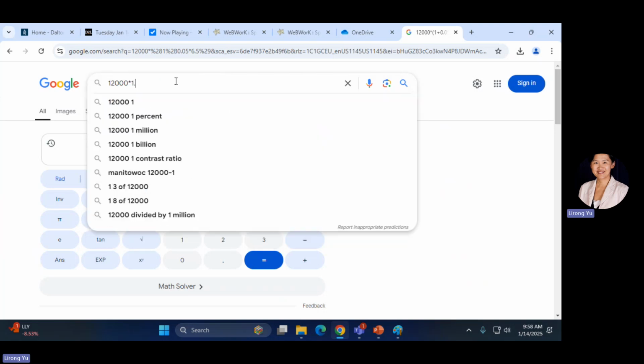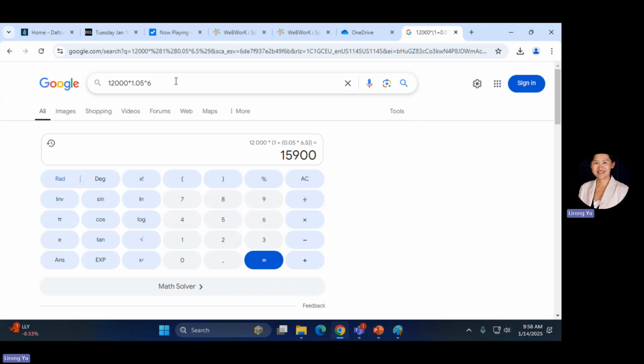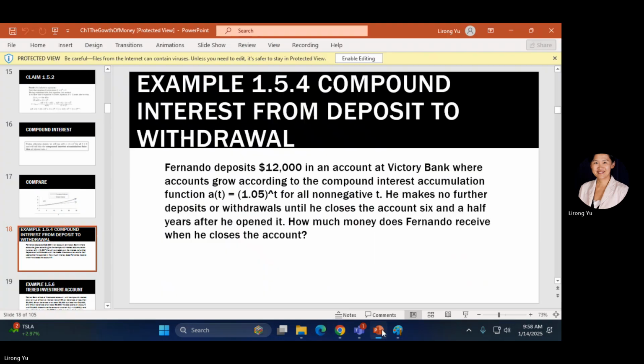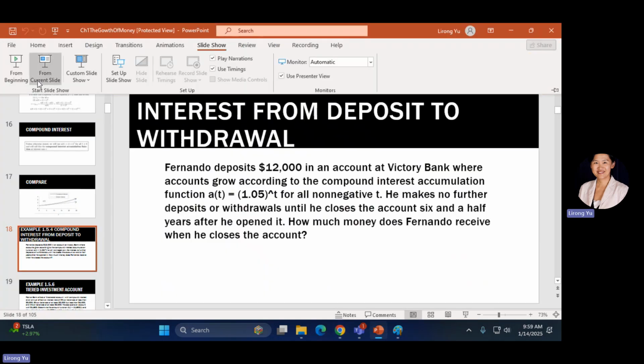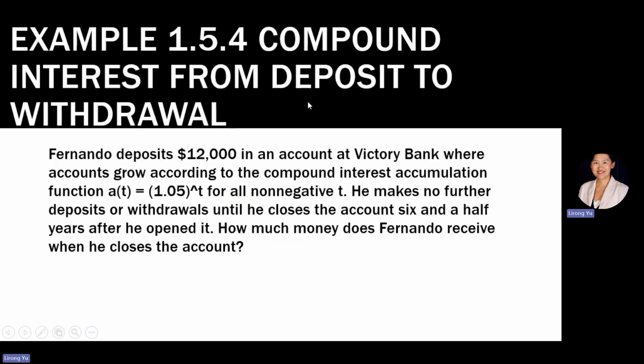The compound interest model would be to the power of 6.5. So it kind of makes sense. You guys have the book. It should be the same amount that you see next week. Pull out the textbook example practice. So that is our first example on compound interest. Any question?